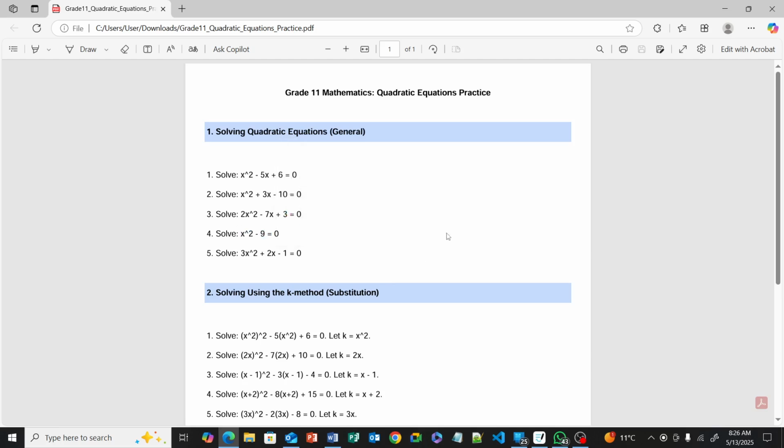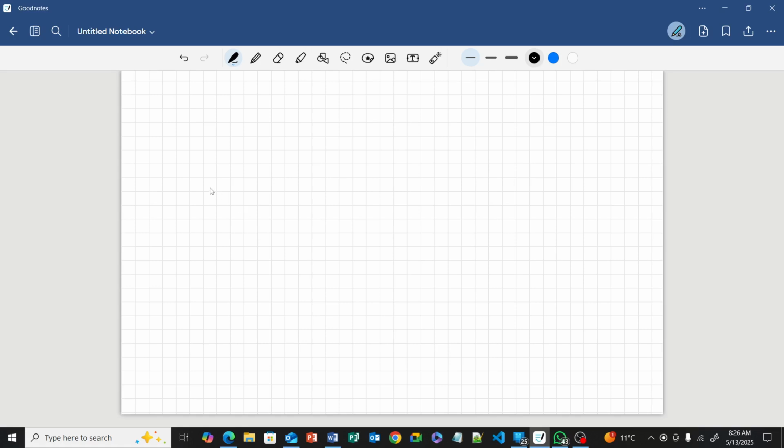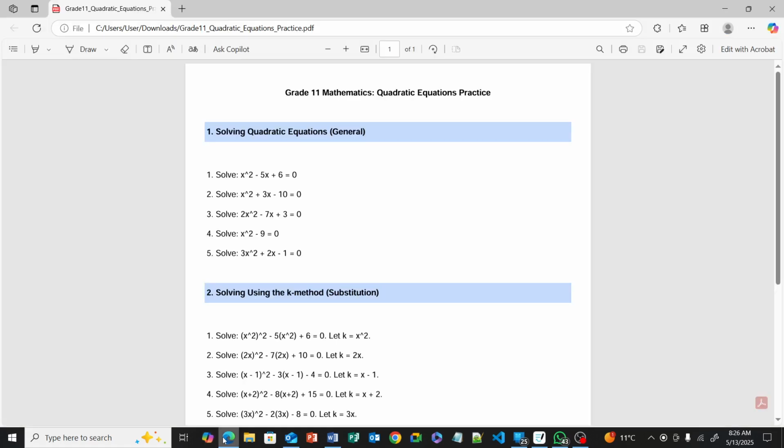Now let us look at number 3, where we have 2x squared minus 7x plus 3. So we have 2x squared minus 7x plus 3 equals 0. Okay, let me verify if I copied the right one. Yes.